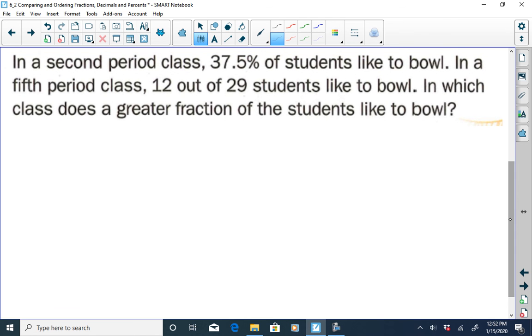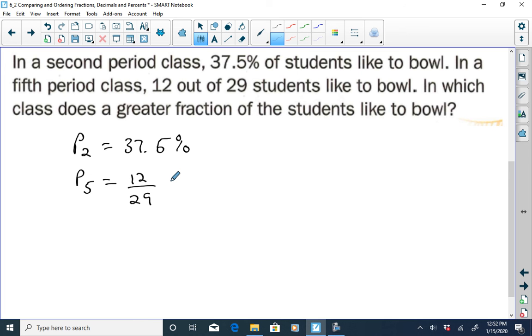In second period, P2, we have 37.5% of students like to bowl. In period 5, so P5, we have 12 out of 29. Well, once again, we want to use that same method to find the percent of students that like to bowl.